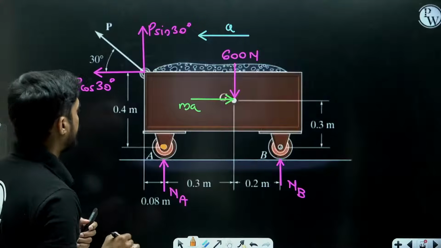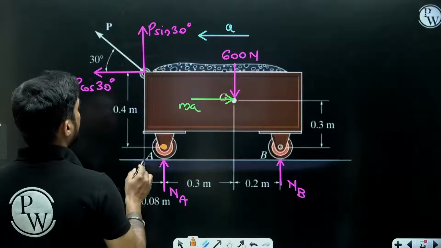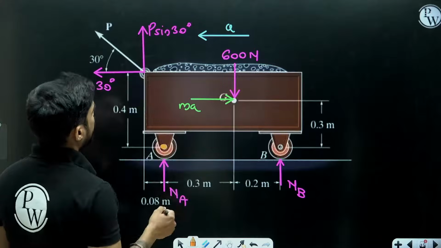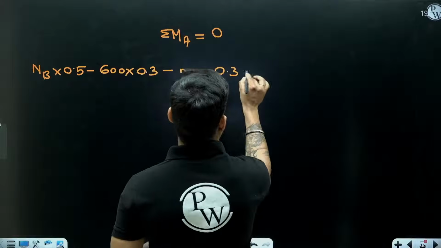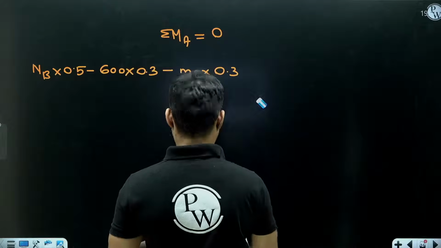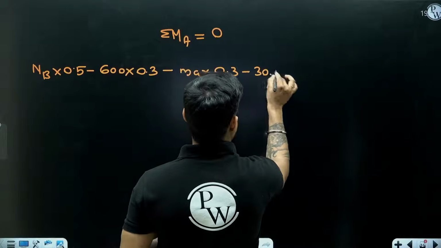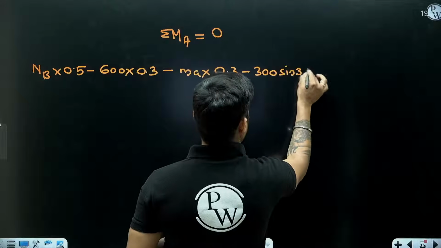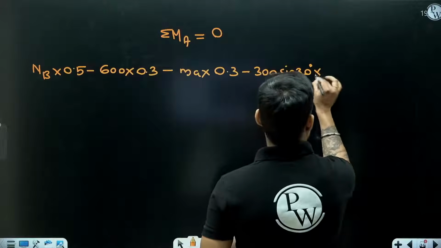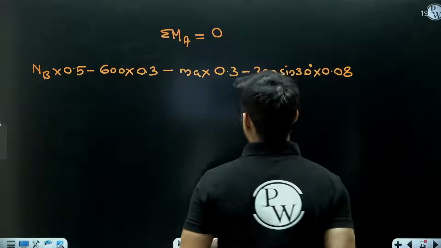Then moment of P sin 30 will also be clockwise. So 300 sin 30. Clockwise moments are negative, anti-clockwise moments are positive. It's not a general rule.